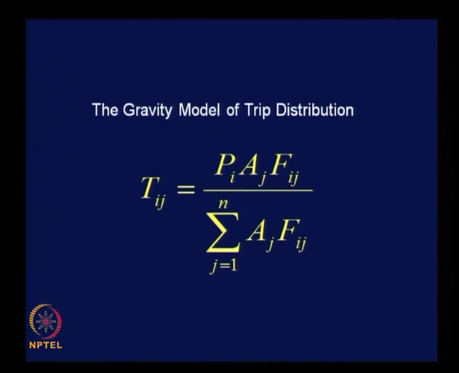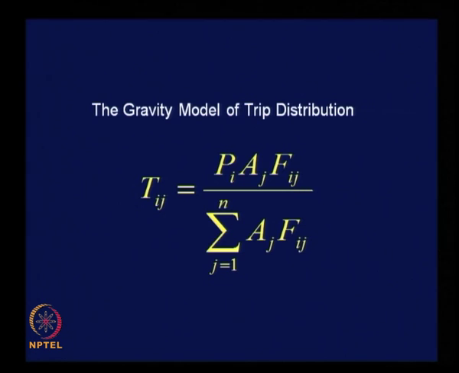Please remember, friction factor is zonal pair specific, Fij, it should be like that, isn't it. Travel impedance cannot be the same for all zonal pairs, it should be specific to a zonal pair under consideration, that is why it is Fij. Clear?